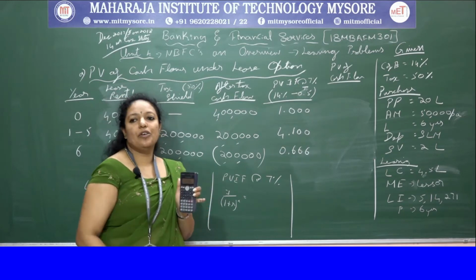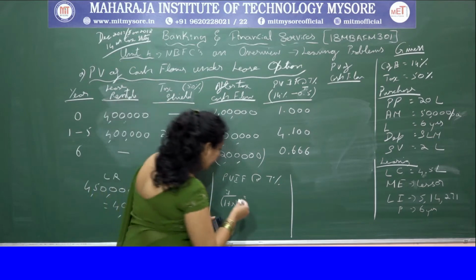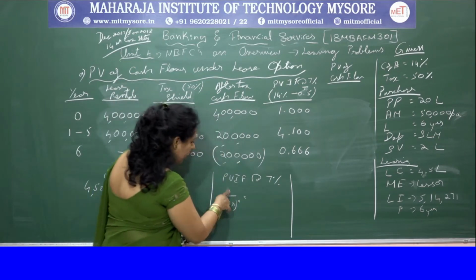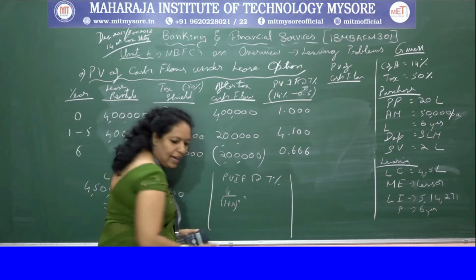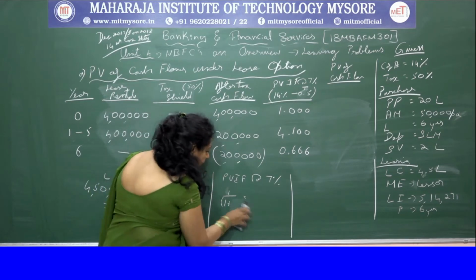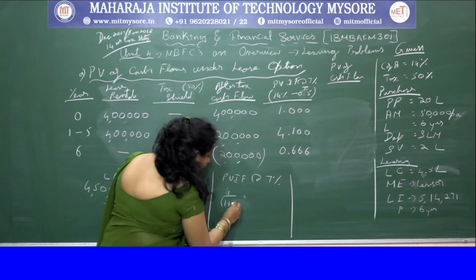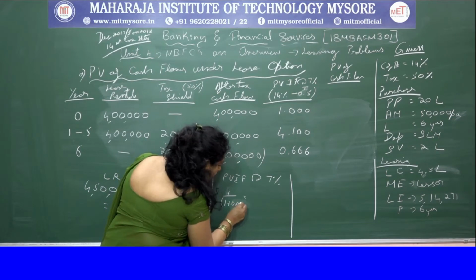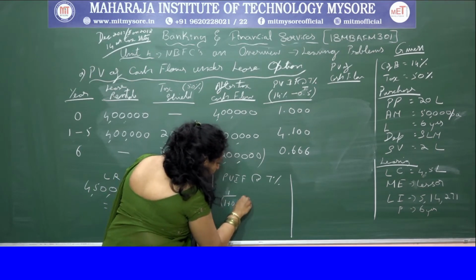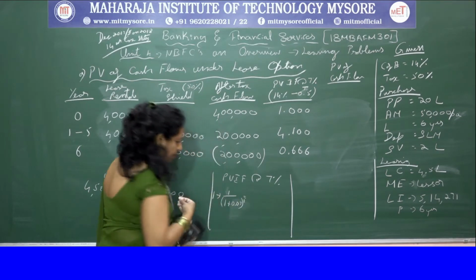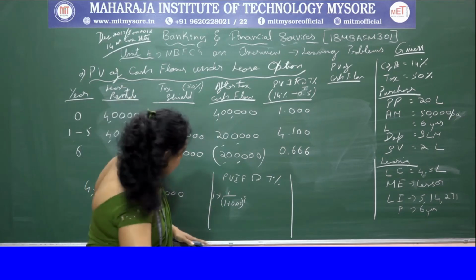I'm getting 0.935. So first year it is 1 divided by 1 plus r, where r, as I've already told you, you have to take 0.07, to the power of 1. This is for the first year.